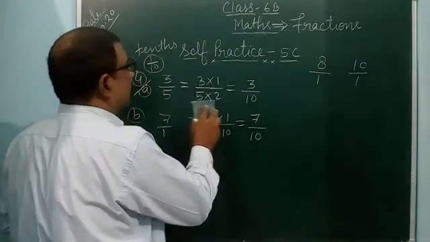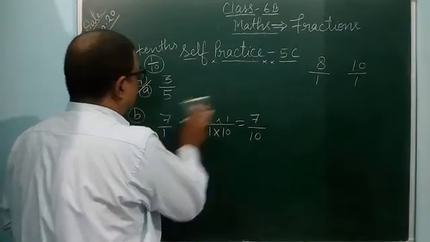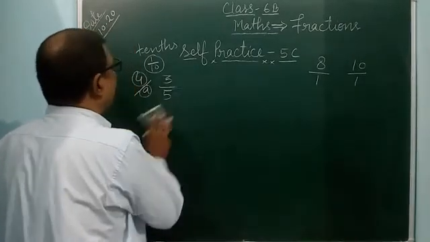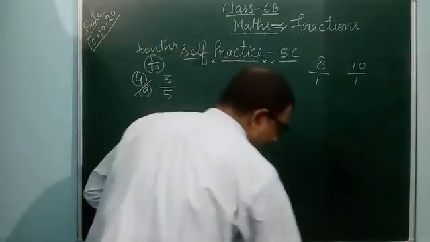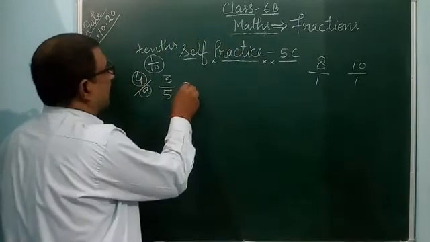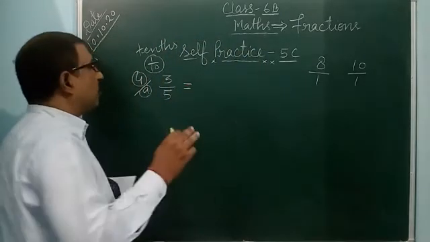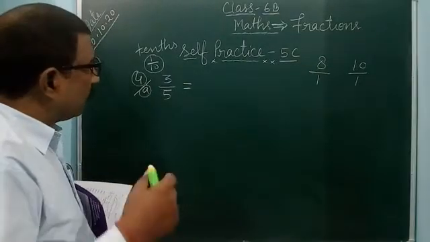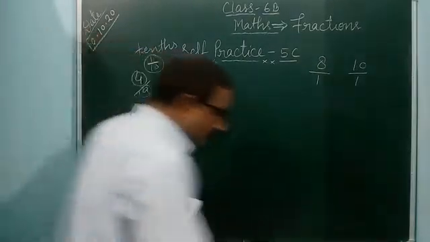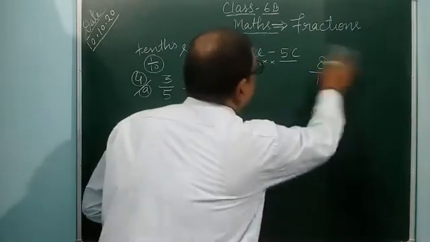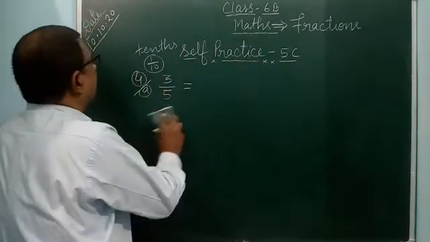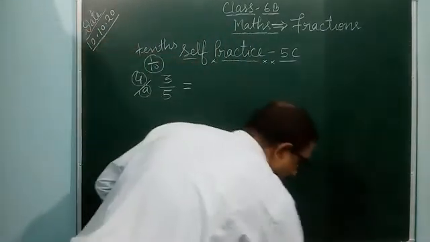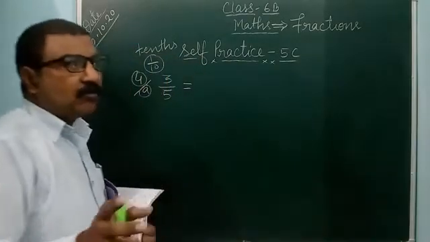You can't change it by this method because it is not equivalent. Fractions should be equivalent also. So with the numerator and denominator you must multiply with the same number. Before, I explained but the same number was not used, so the answer will not come. In this way you don't do like that.